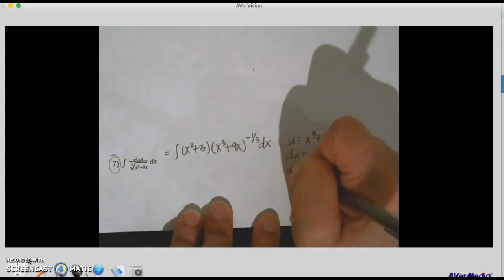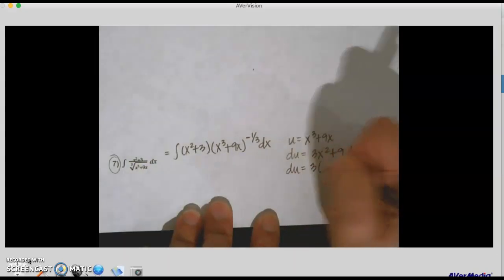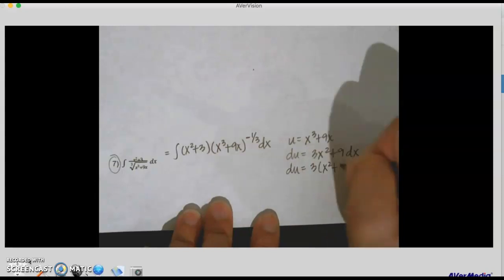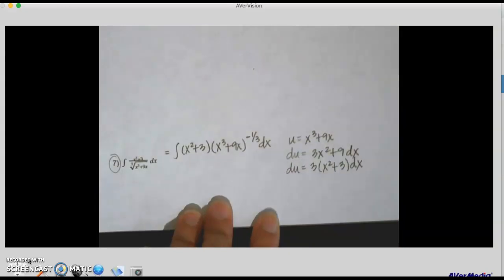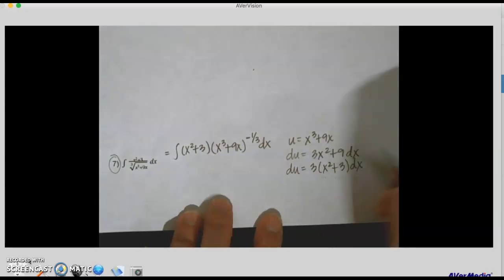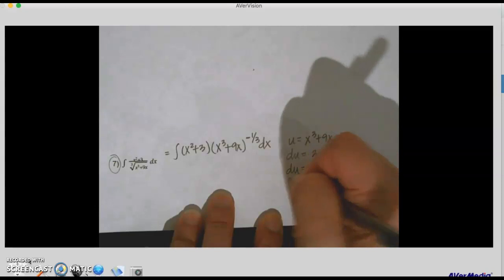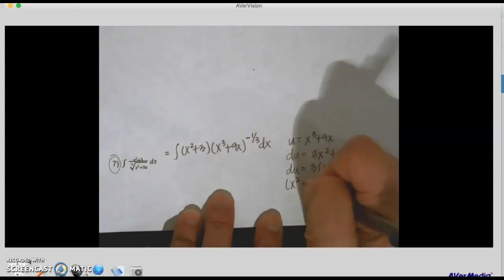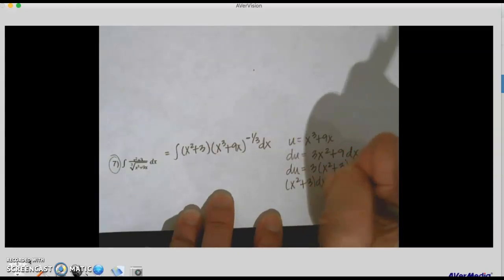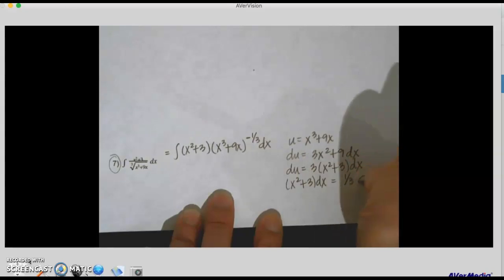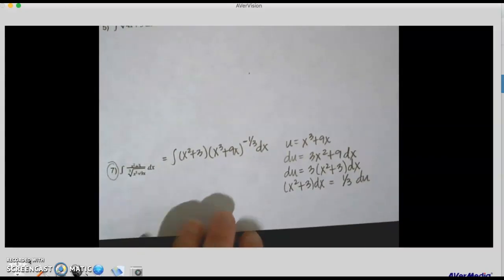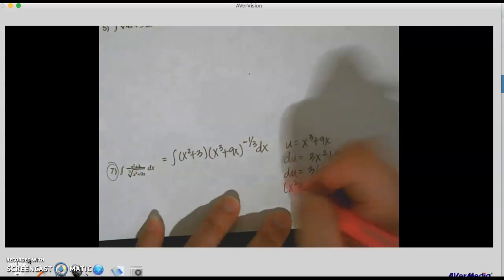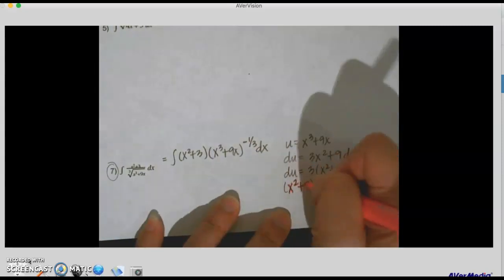So remember that we could change this so that it looks like what we want, right? We want the x squared plus 3 dx, so we just need to divide by 3. So we're actually going to be using that x squared plus 3 dx is equal to 1/3 du. So that is going to be what I'm going to substitute in.